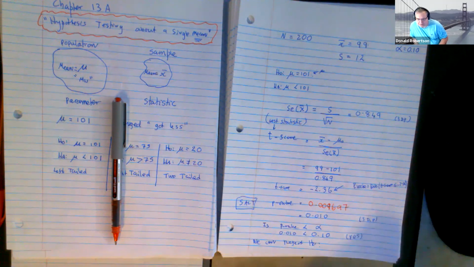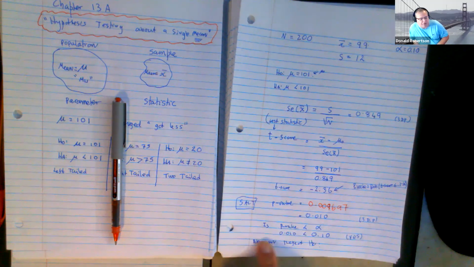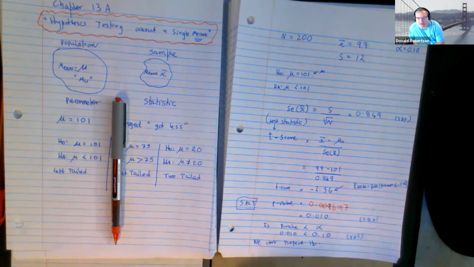Now, if that number here had been 0.14, 14%, wouldn't we fail to reject the null hypothesis? And we'd say, it might look to you like Scots' IQ has gone down, but there's no statistical evidence that that's true. The number you got was very likely just the usual randomness that you always get.